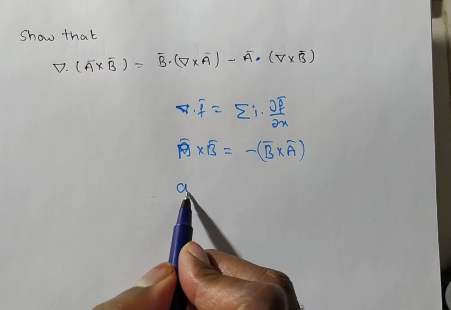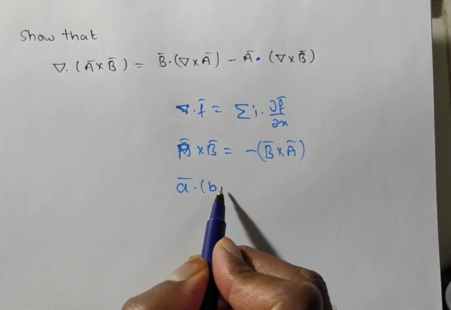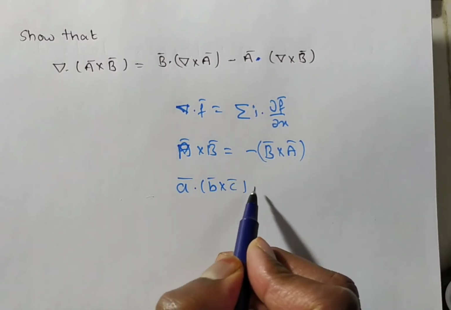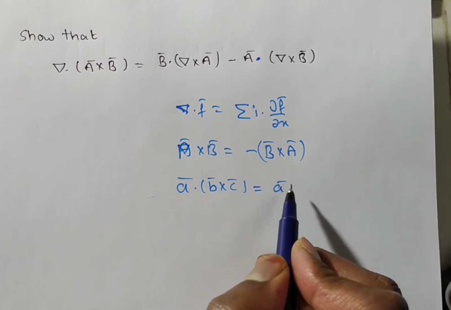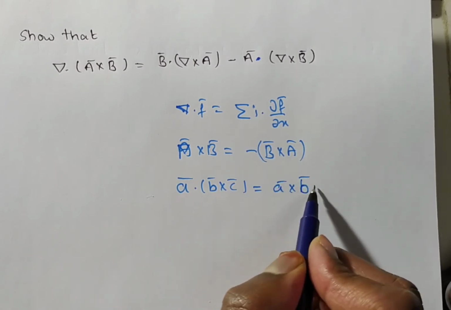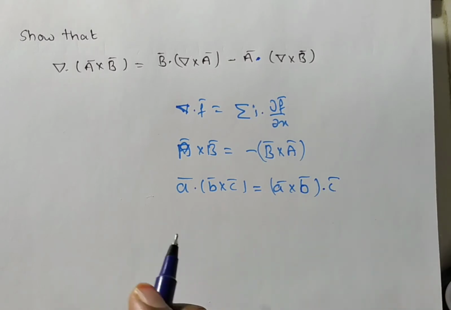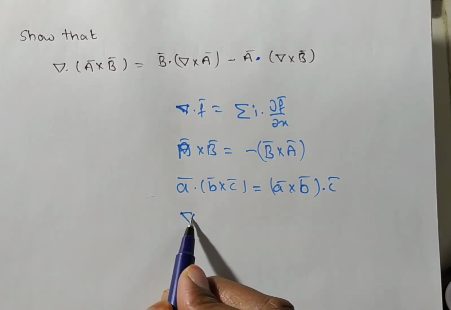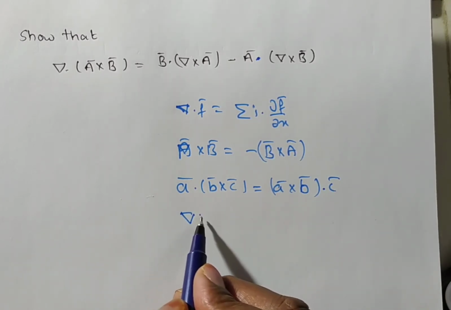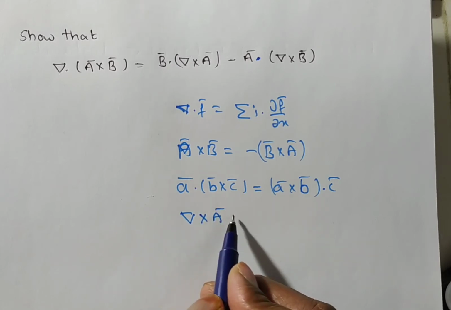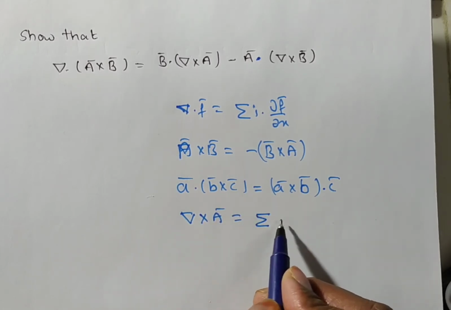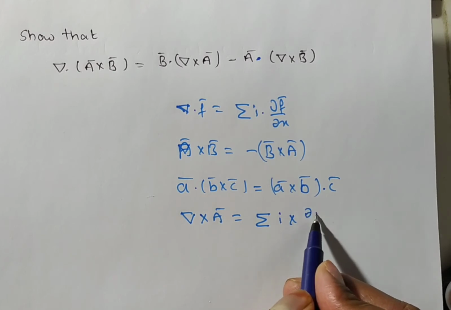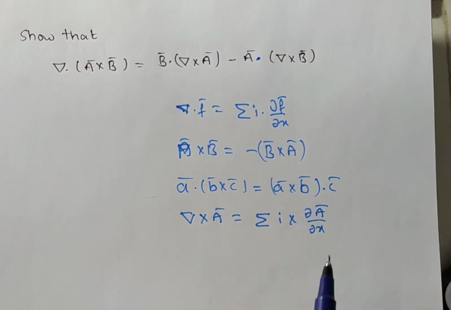Third, a bar dot (b bar cross c bar) is equal to (a bar cross b bar) dot c bar. And one more formula: del cross a bar is equal to summation i cross dou a bar by dou x. So these are the four formulas we are using to solve this problem.